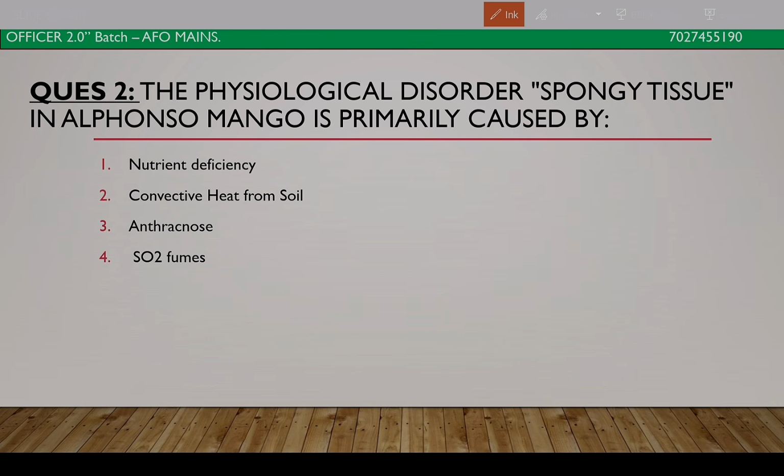Let us discuss the mechanism. Here we have the mango on the branch, here the soil. During the ripening months of April, May, if there is more temperature, what happens?